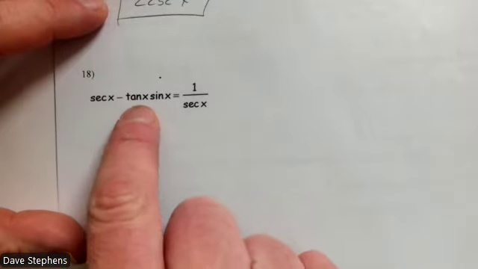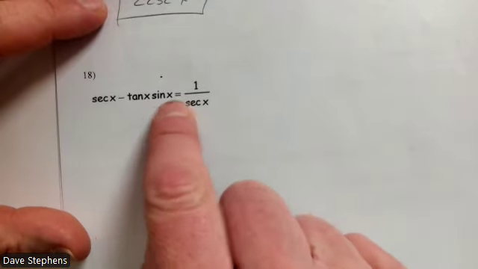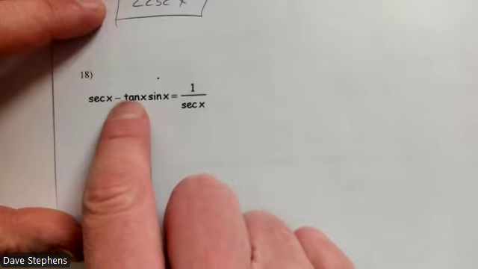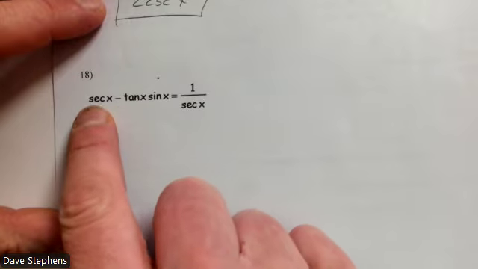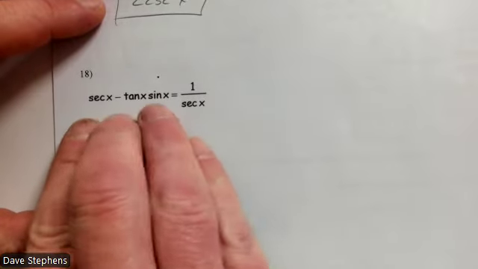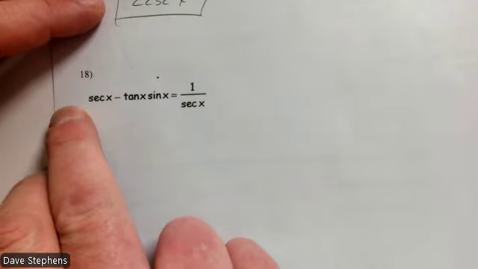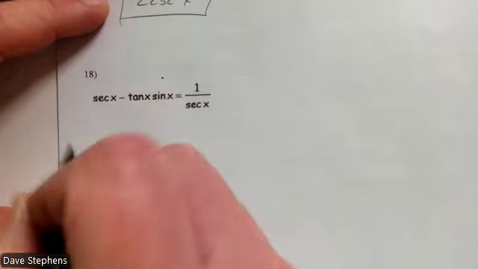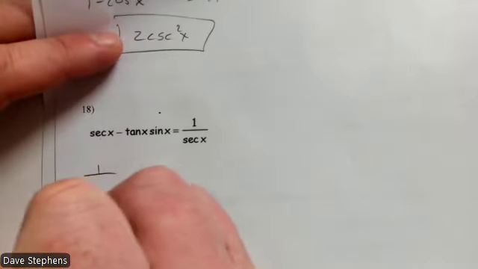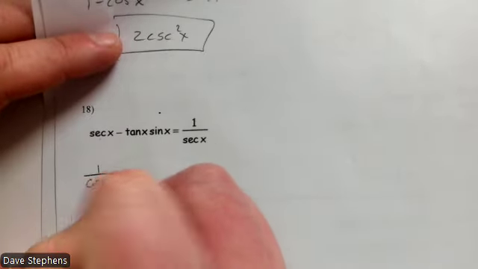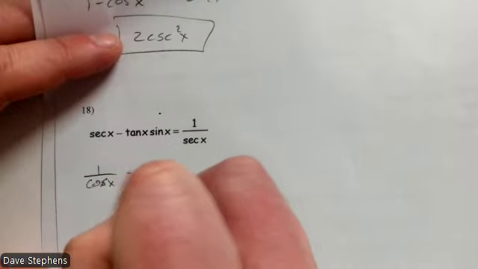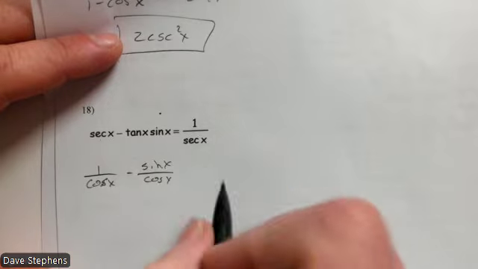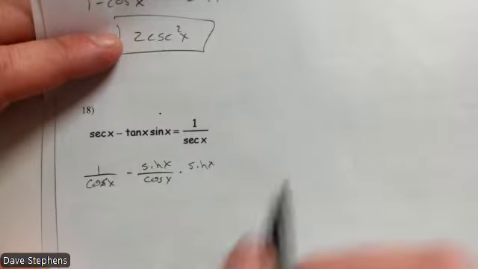Here we've got secant minus tangent times sine. Okay, gross. There's nothing in common here that I could factor out. So secant in terms of sine and cosine: secant is 1 over cosine. So 1 over cosine x minus tangent, which is sine x over cosine x, times sine x.